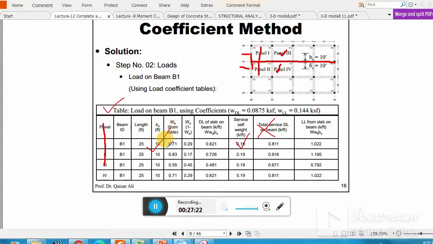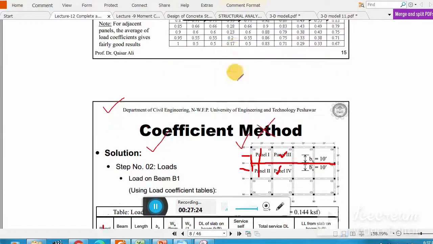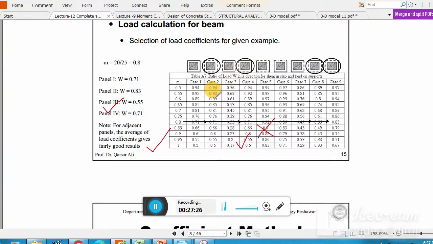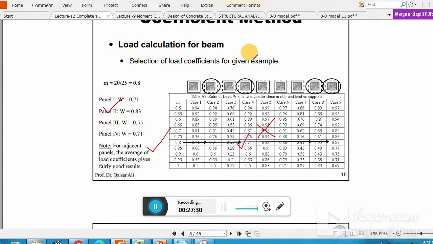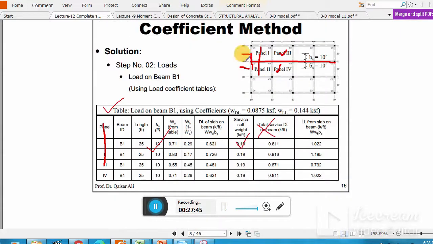Remember, this Wa is from the table, and the table is right here: selection of coefficients for the given example. Yes, this is the table. I explain this table because in this case my m value is 0.8, and you have to select the case and then find the coefficient. So basically these coefficients will work.